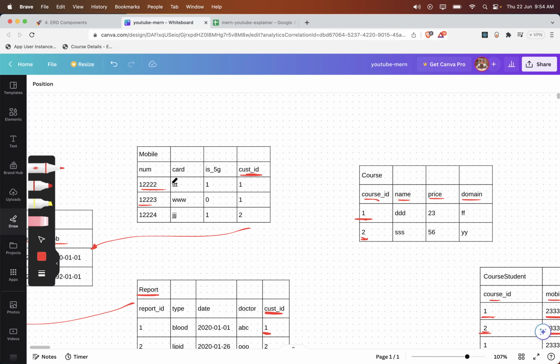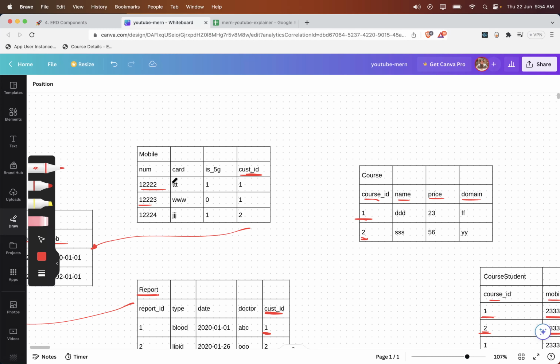Or the business requirement, one student can have multiple courses like this. So relationships are represented by diamonds. Then you see 1 and n, one to many, right?